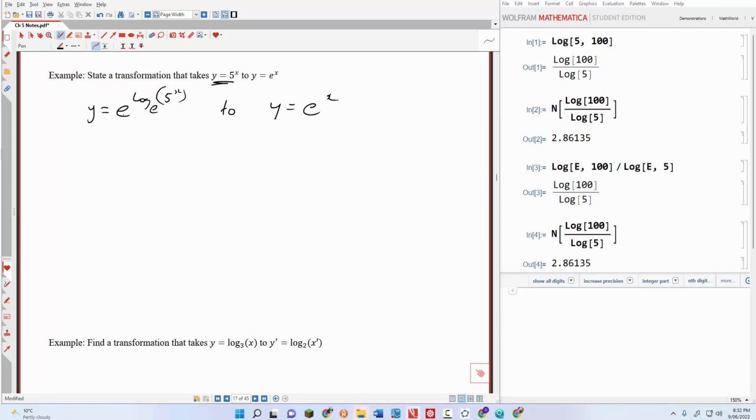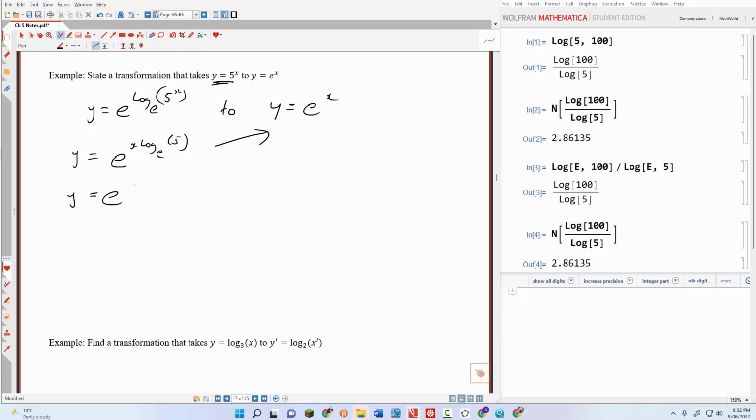Alright, now this has got a base e, and what we're going to do is shuffle this around a little bit. I'm going to rewrite this as e, x comes to the front, so it's x log e5 to this, and then because these two are just multiplying, I can change the order.